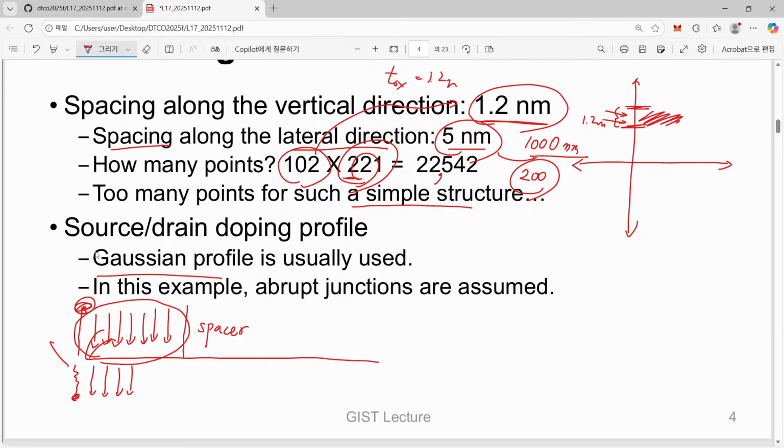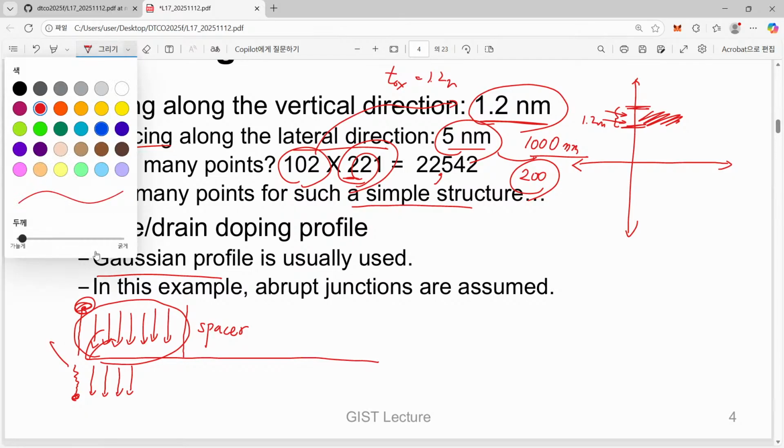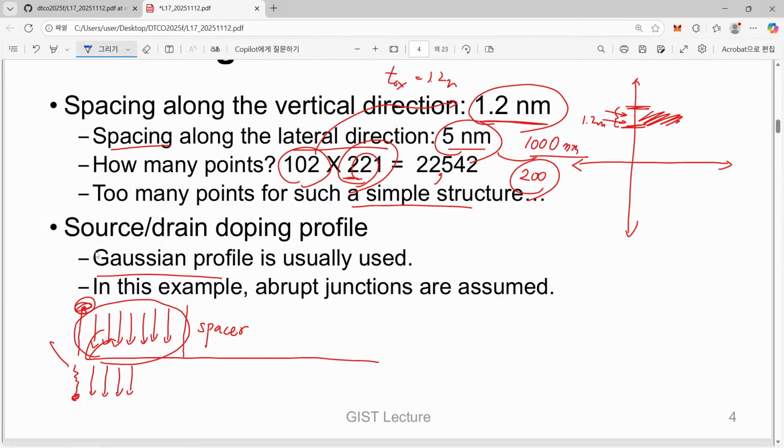However, after everything is over, can we expect this kind of profile, where all of our injected ions are found in this box?